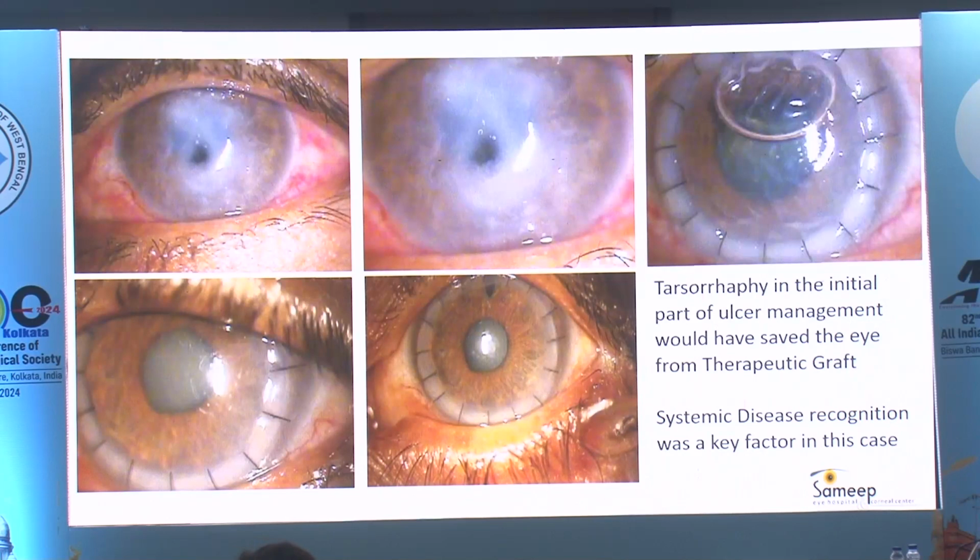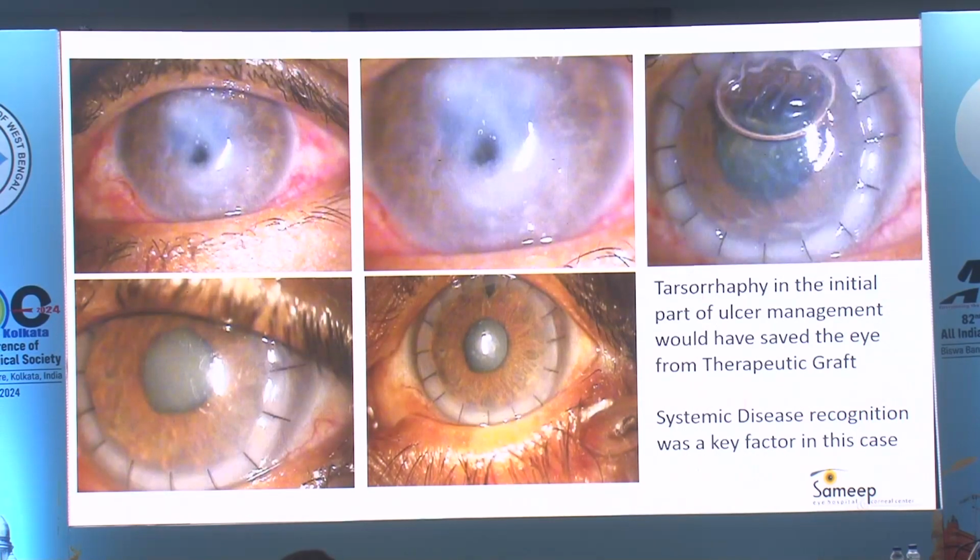This was another very interesting case. This patient presented like this with a large area of corneal ulcer with a central perforation. You can see that the base is very necrotic. So this is not an ideal case for tissue adhesive, or maybe even a Tenon's patch graft. We looked at the history and the other examination, and we realized that this patient had Hansen's disease, and that was missed initially, and probably that was the reason the patient ended up with such a large ulcer.